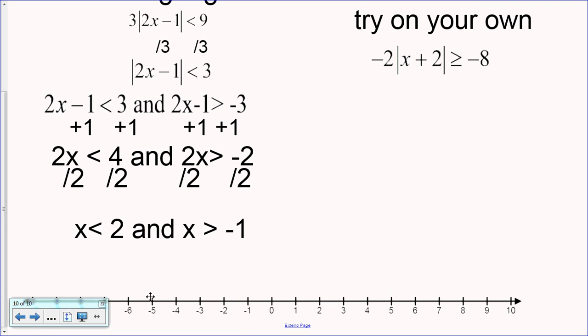Now to graph that, you just go ahead and put an open circle on negative 1 and 2. Oops, wrong one. Ignore it. So we have an open circle on negative 1, an open circle on 2, and they're connected because it's an and statement.